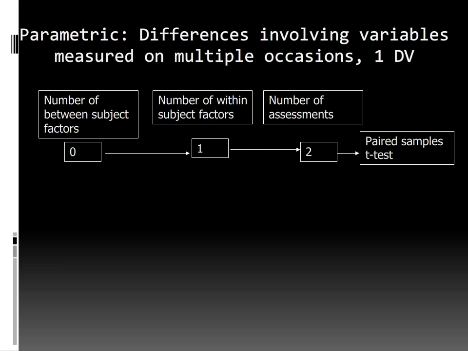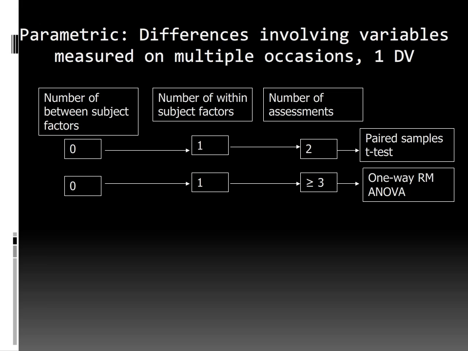Therefore, it is most appropriate to analyze the data using a paired samples t-test. If there are 0 between subject factors, 1 within subject factor that is measured on 3 or more occasions, then the most appropriate statistical test is a one-way repeated measures ANOVA.